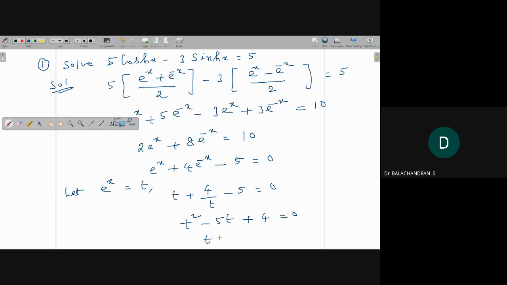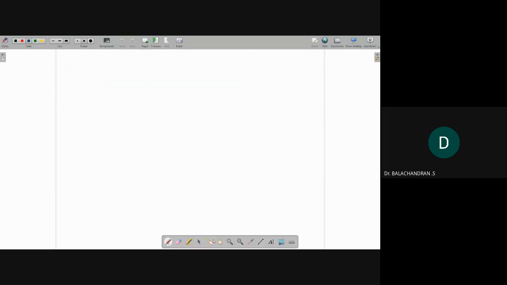So this is (t minus 4) into (t minus 1) equal to 0. So t equal to 4 and 1. So t is e power x, it is equal to 4. So here e power x is equal to 1.